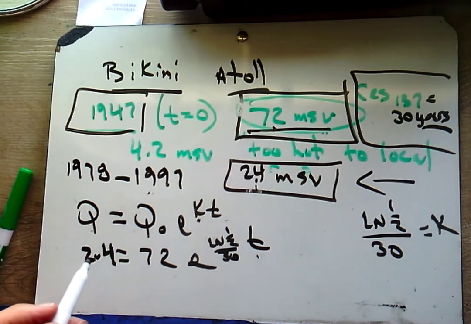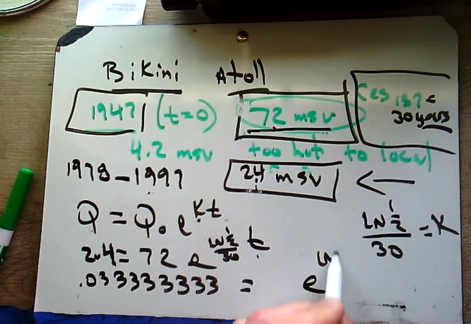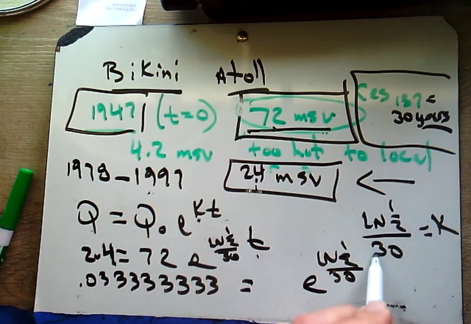Hey, welcome back. So I'm going to divide both sides by 72. And that's going to be 0.033333333 equals e to the ln of a half over 30 t. I want to bring this down so that I can get access to that t, which means I'm going to take the ln of both sides.